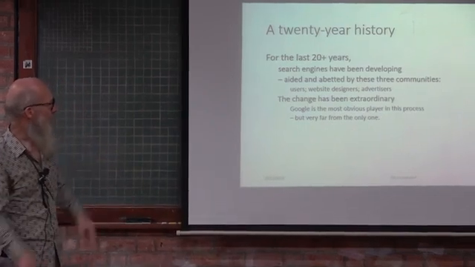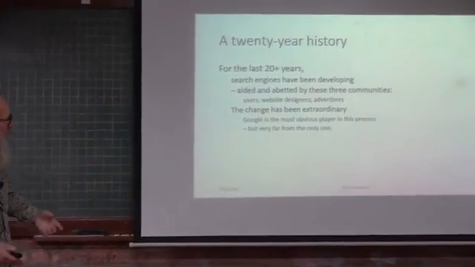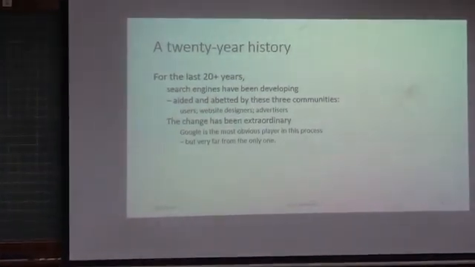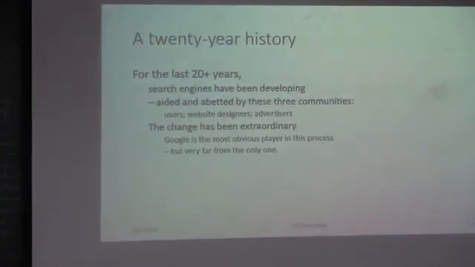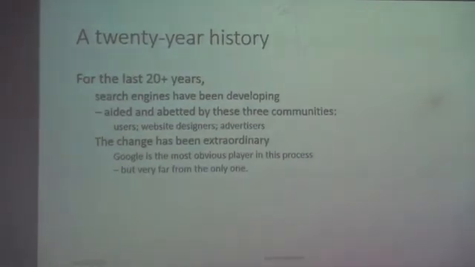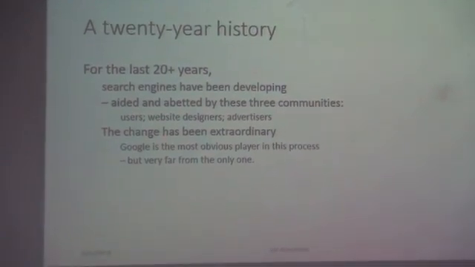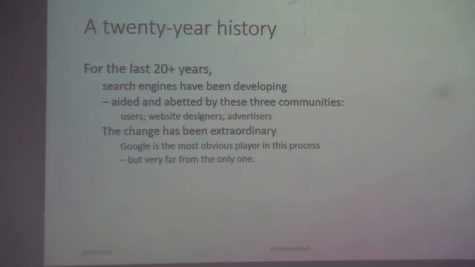For the last 20 years or more, search engines have been developing, aided and abetted by these communities: the users who do the searching, website designers and advertisers. And the whole ecosystem has been changing. Google is the biggest and most obvious player in this process, but not the only one by any means.